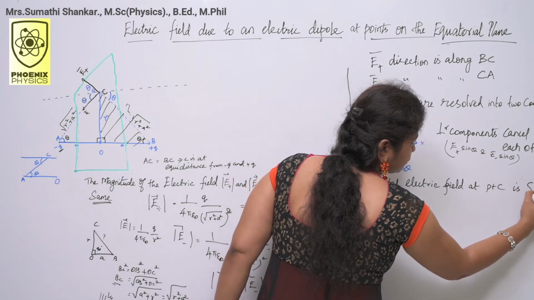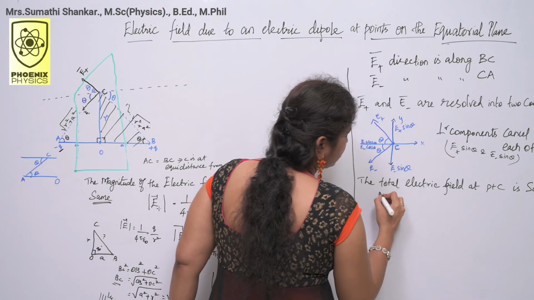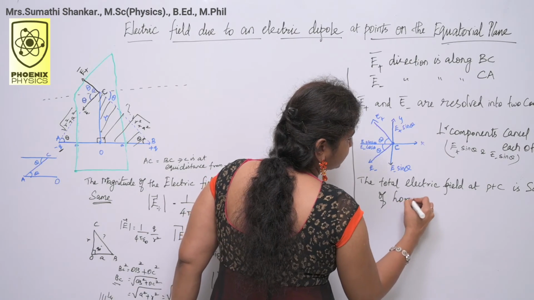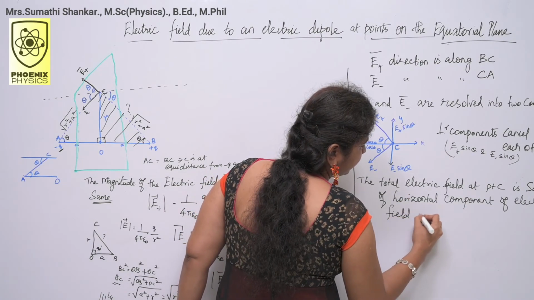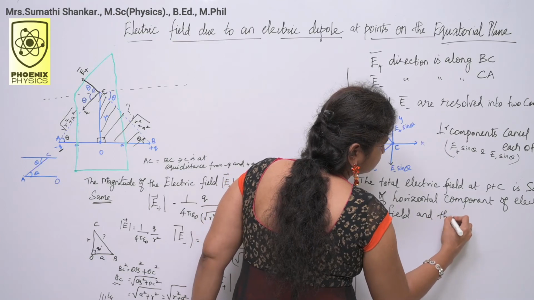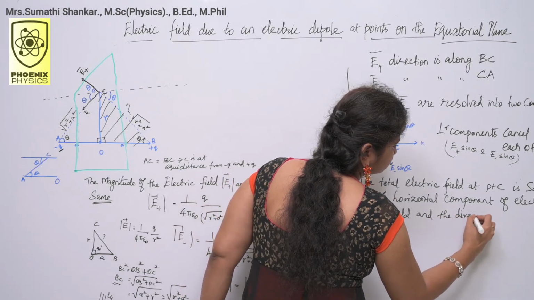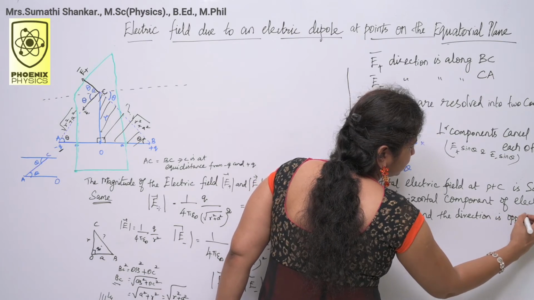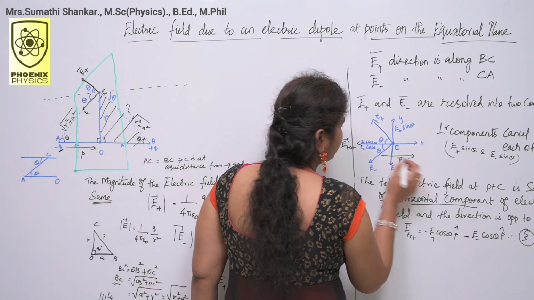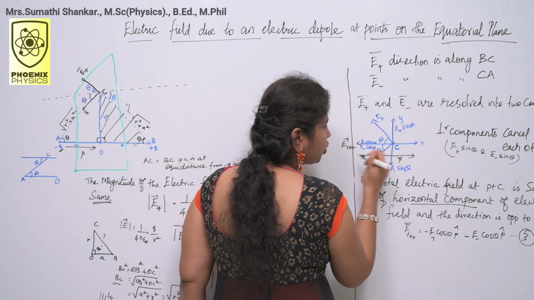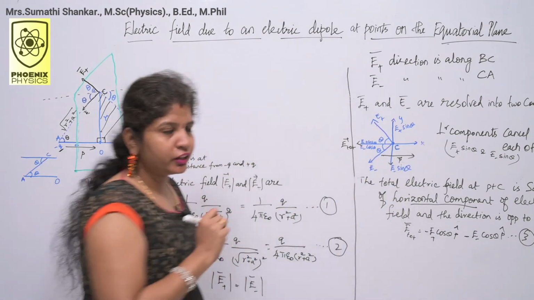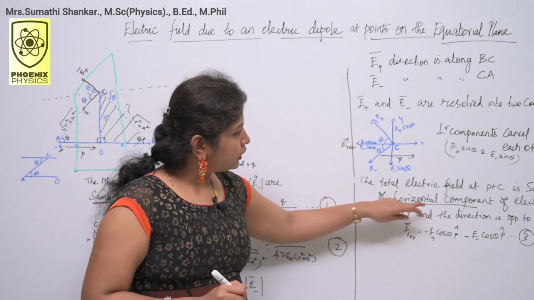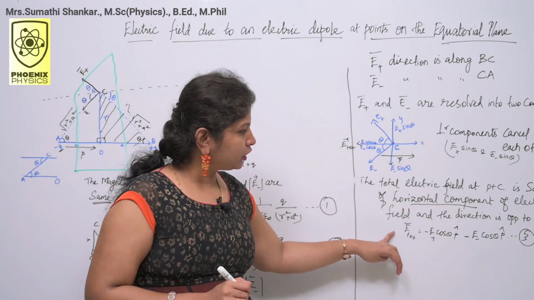It is the sum of the horizontal components of the electric fields, and the direction is opposite to the P vector. The total electric field at point C is just opposite to the dipole moment direction. So it is nothing but the sum of the horizontal components of the electric field.